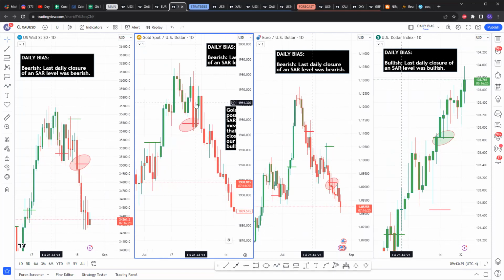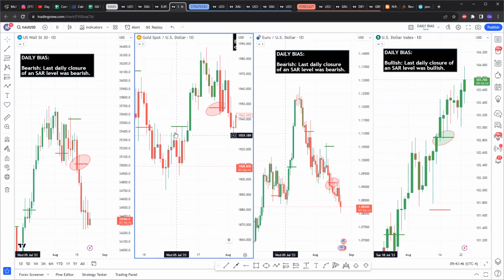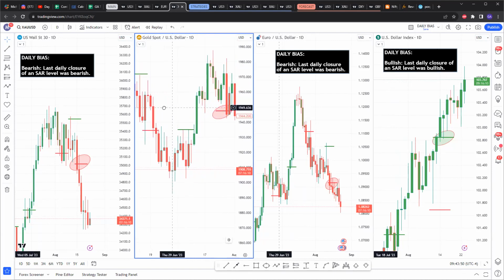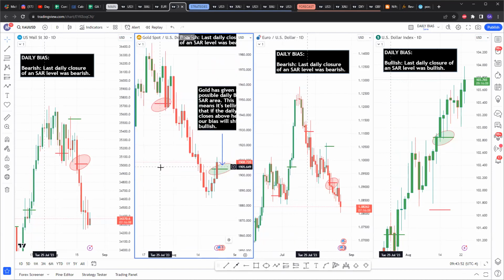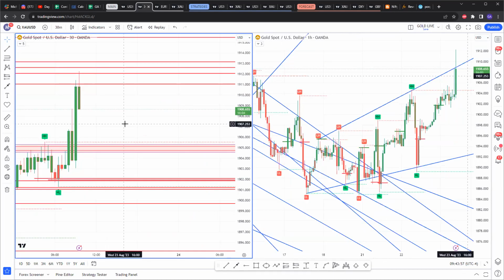In the past, when gold closed below this daily sell SAR, it did retrace back up. When it closed above this bullish SAR, it did not retrace back up. So you should always ask yourself, what's the probability? If I have to ask myself that, I am not looking to even trade any sell on gold.